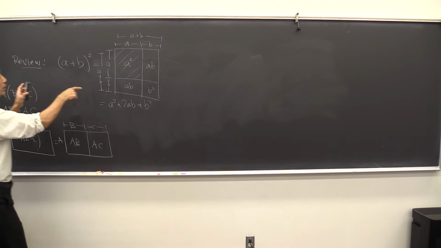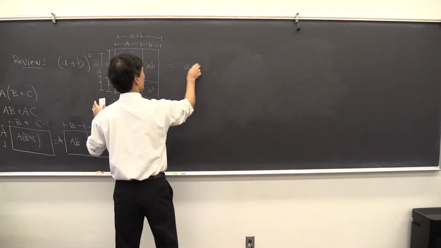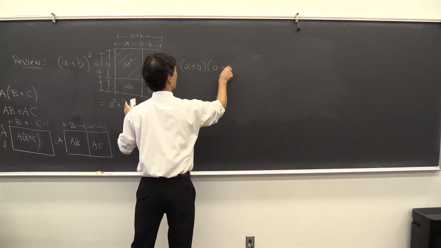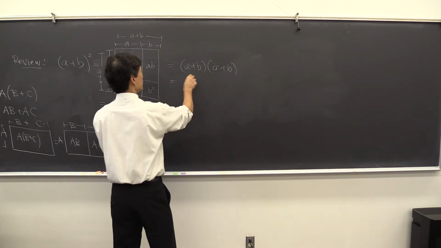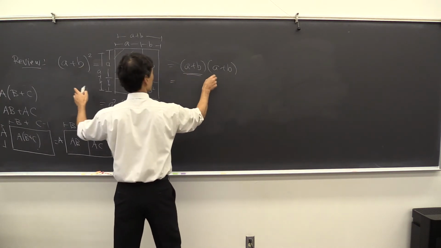Using the distributive property, this is something times a sum.